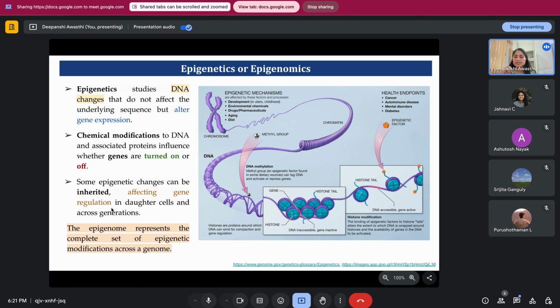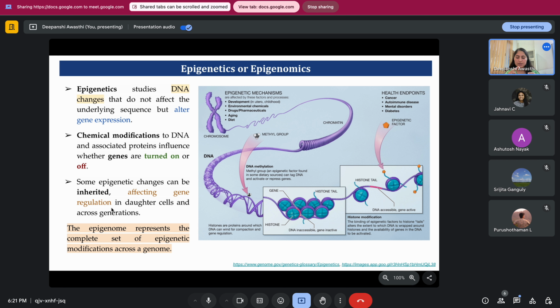So there is a concept of imprinting. In genomic imprinting, there are certain genes which are expressed in a parental manner. For example, there are certain genes which are only expressed in the maternal copy.